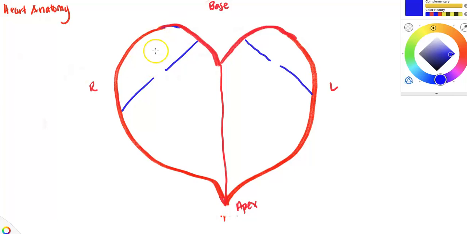So this area here is called the right atrium. Below it here is called the right ventricle. Over on the other side, it's kind of like a mirror, we have a left atrium and a left ventricle.